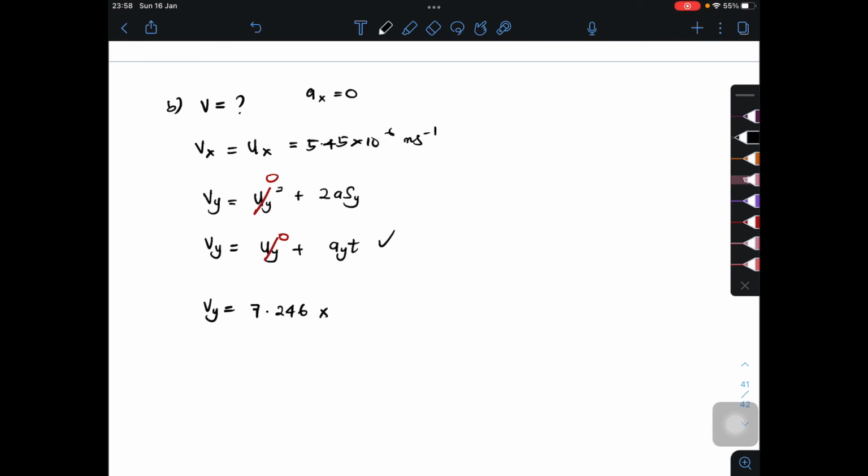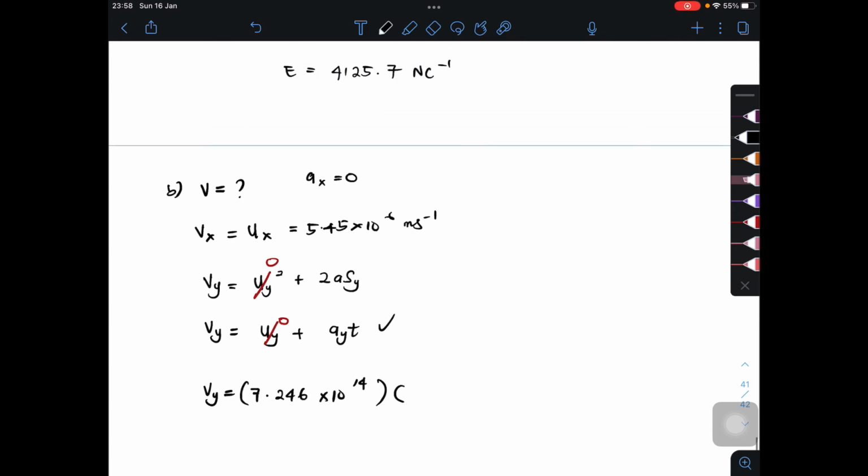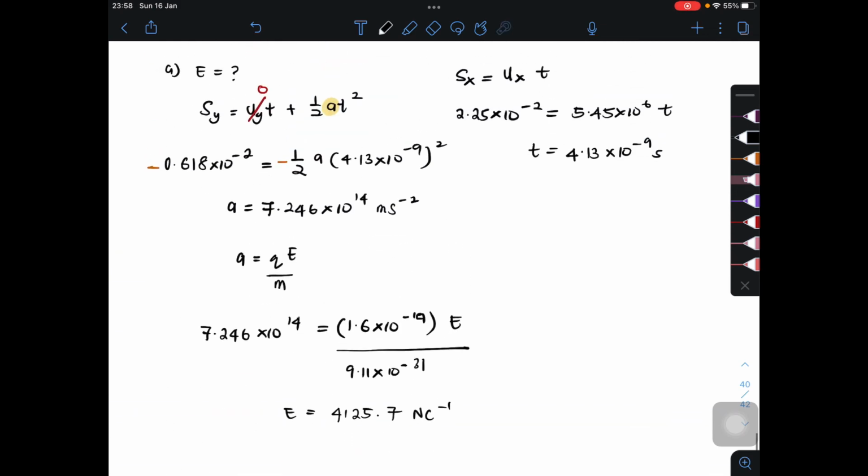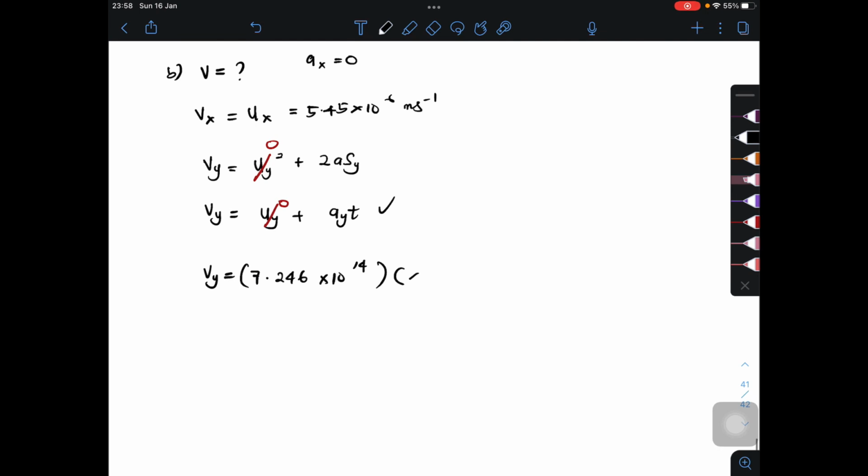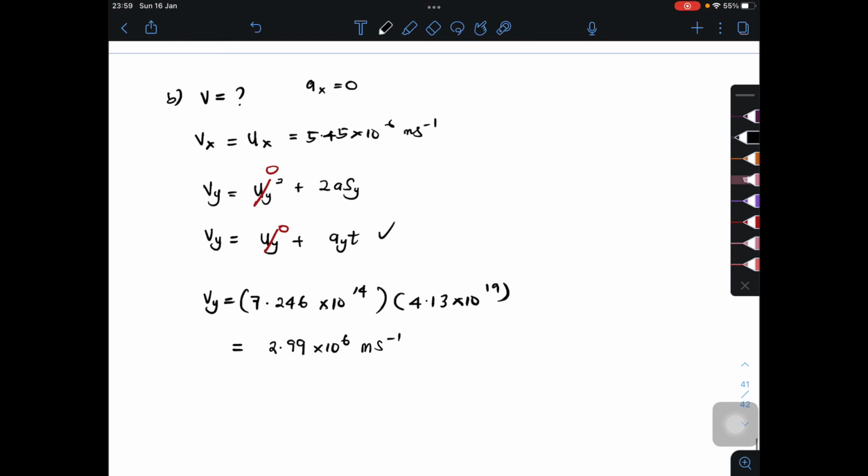7.246 exponent 14. And then times with the time. Time tadi kita sudah dapat this one here, 4.13 exponent 19. So Vy kamu akan dapat 2.99 exponent 6 meter per second. Okay, sorry, I forgot here should be negative.